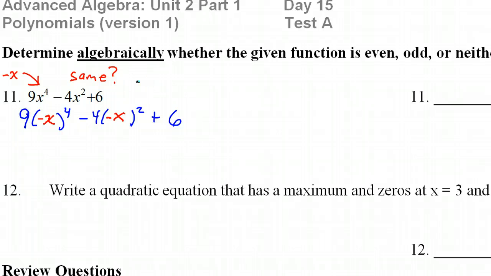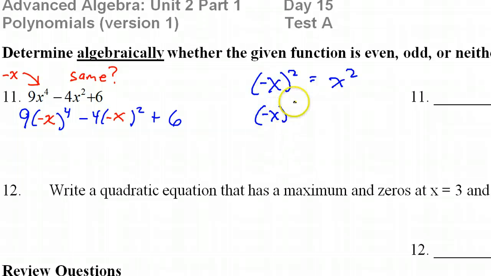Well, I'm definitely going to get the same function, because if you square a negative thing, it doesn't change. In other words, negative x squared is the same thing as x squared, and that's the same for any even exponent. Negative x to the 4th power is the same thing as x to the 4th power.